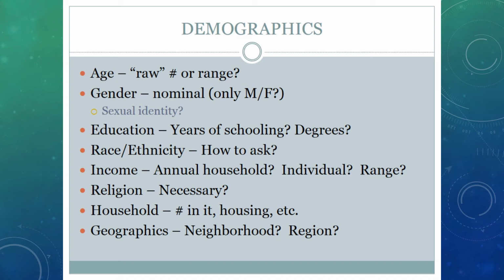Do you want to get the exact number, or do you want to put these income levels, making them ranges instead? Most times people favor the ranges. So under 20,000, 20,000 to 30,000, 30,000 to, and so on.